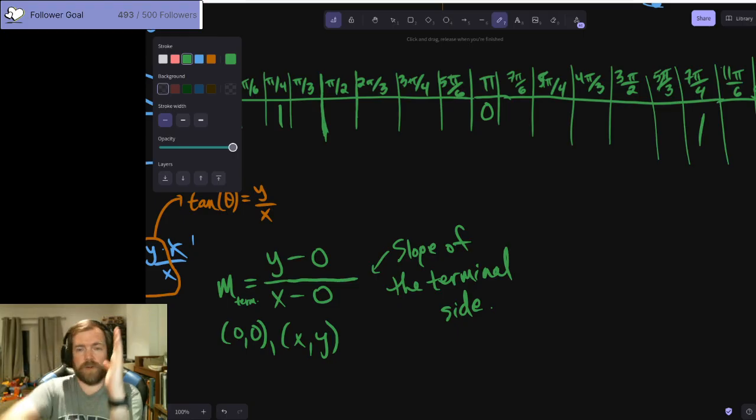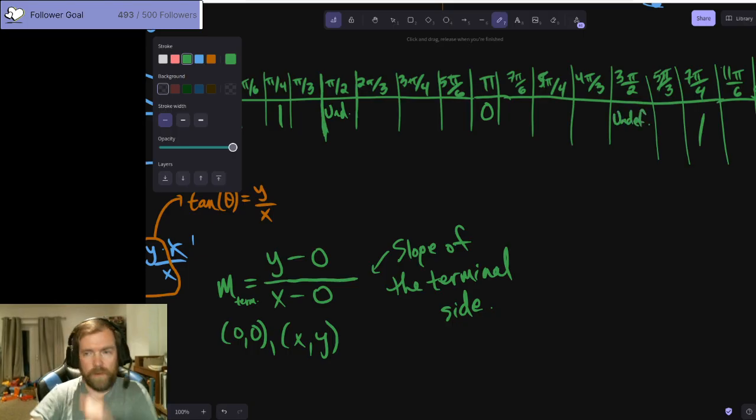Right? These create a vertical line. Our x value is 0. You can't put that in the denominator. So this is undefined in both of those cases. So pi over 2, 3 pi over 2, undefined.